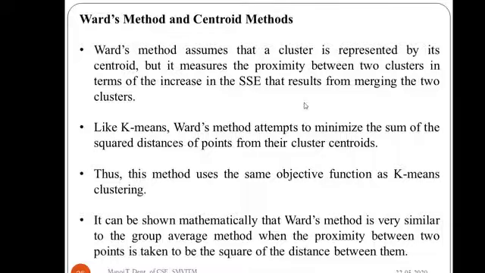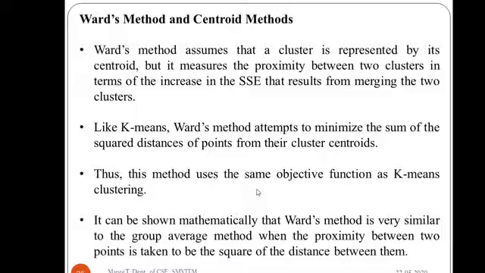Like k-means, Ward's method attempts to minimize the sum of the squared distances of points from their cluster centroids. Thus, this method uses the same objective function as k-means clustering.